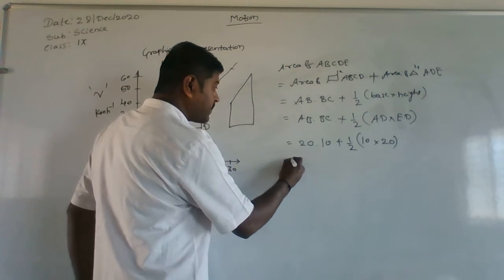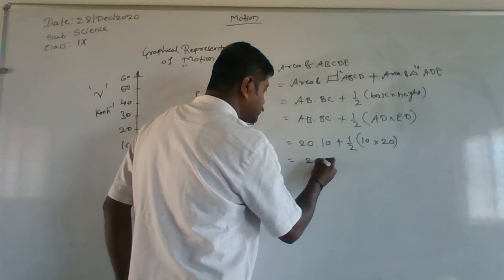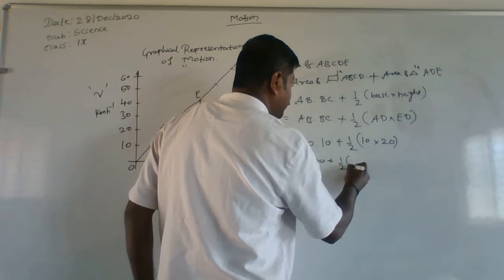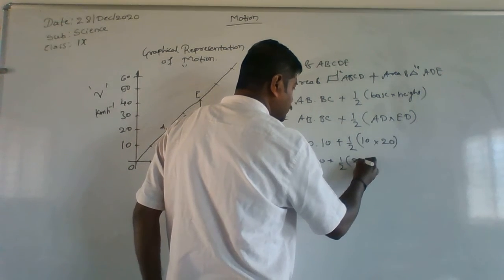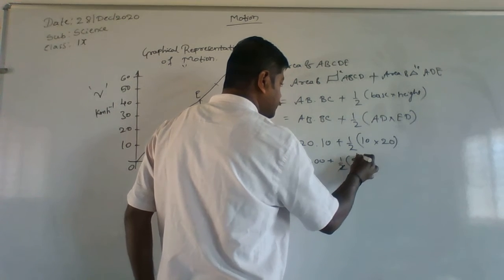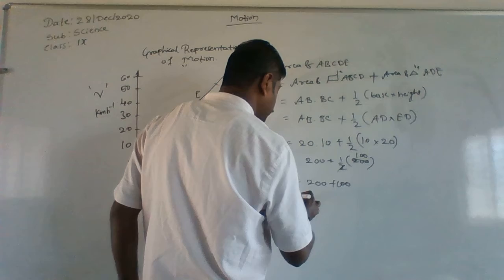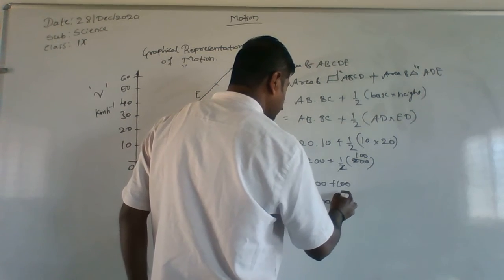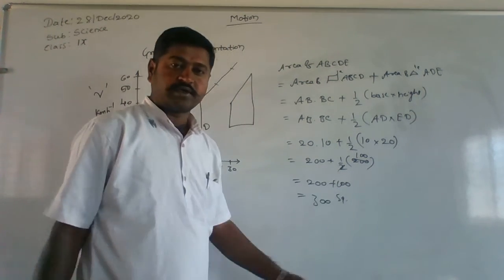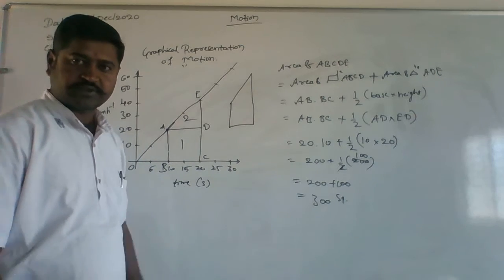So now multiply it. 20 into 10 is 200, plus half into 10 into 20, that is 100. So it is 200 plus 100. You will get 300 square units, right? We will see this in the next class.